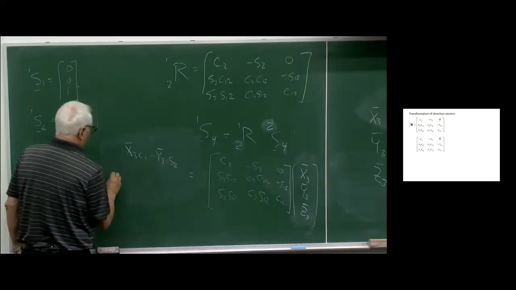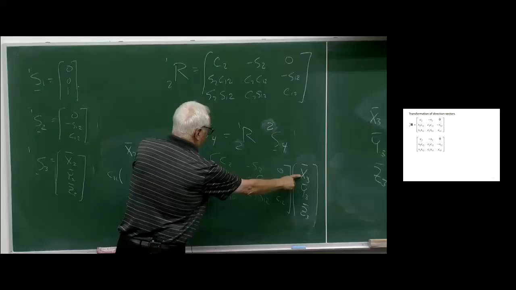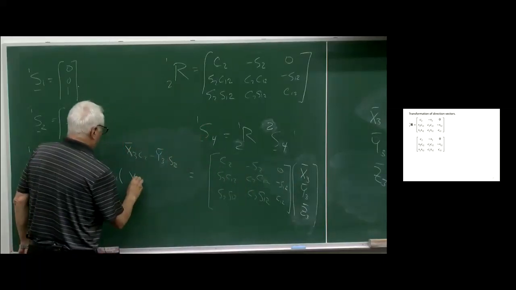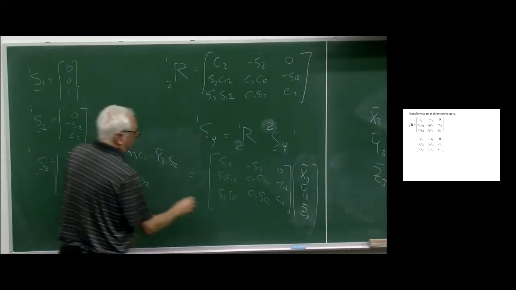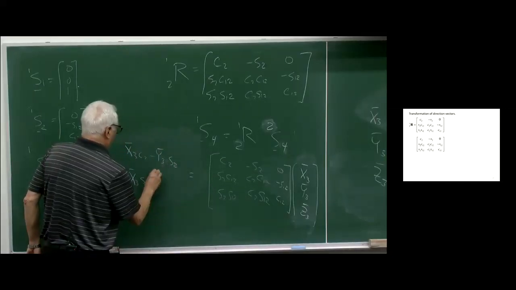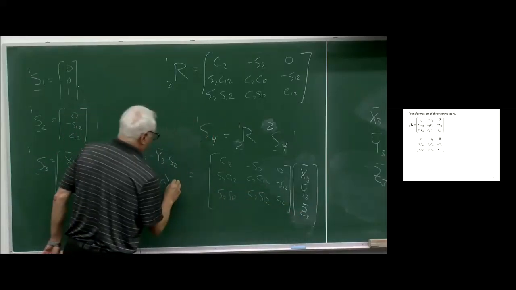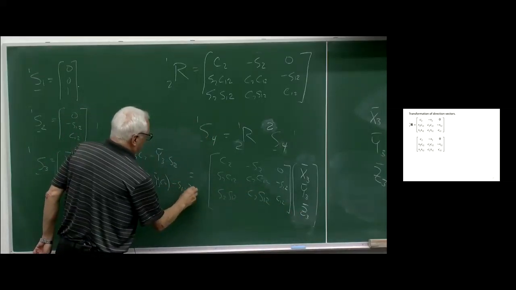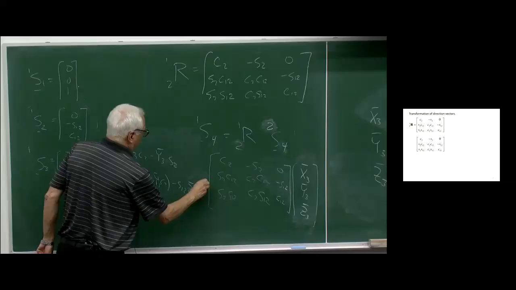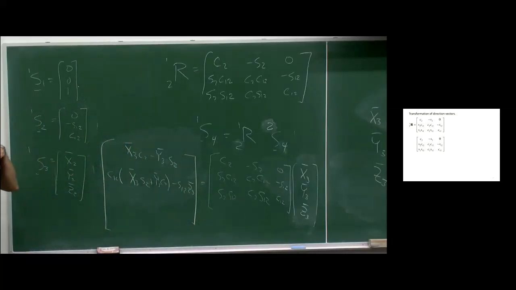I'm going to pull that out front. And then I'm going to have X3 bar S2, then a plus Y3 bar C2. I just grouped that out. And then I've got this next one, minus S12 Z3 bar. No magic, just row by column.